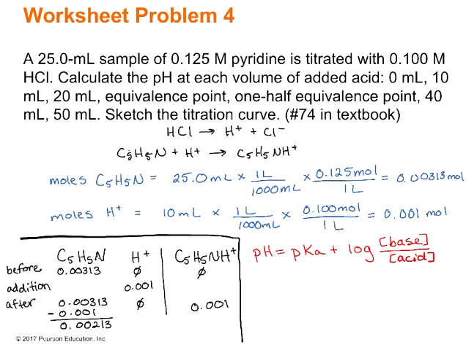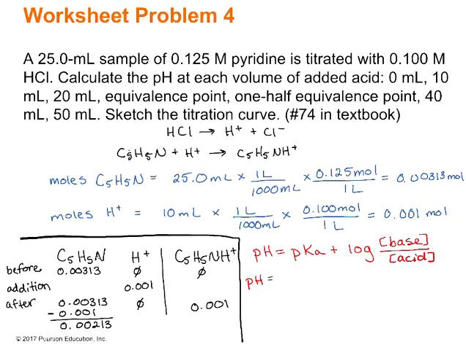Okay, now to find the Ka value, we do need to calculate it from the Kb value. So I'm going to plug that calculation into my equation.